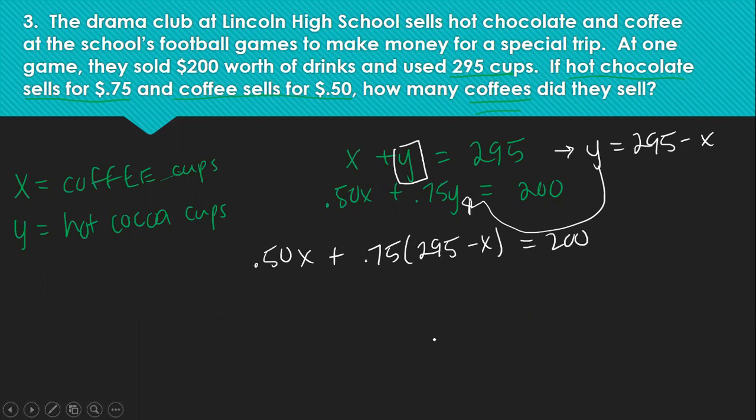We don't need y. What does it want us to solve for? Coffee. All right, calculator people. What do we get? .75 times 295.